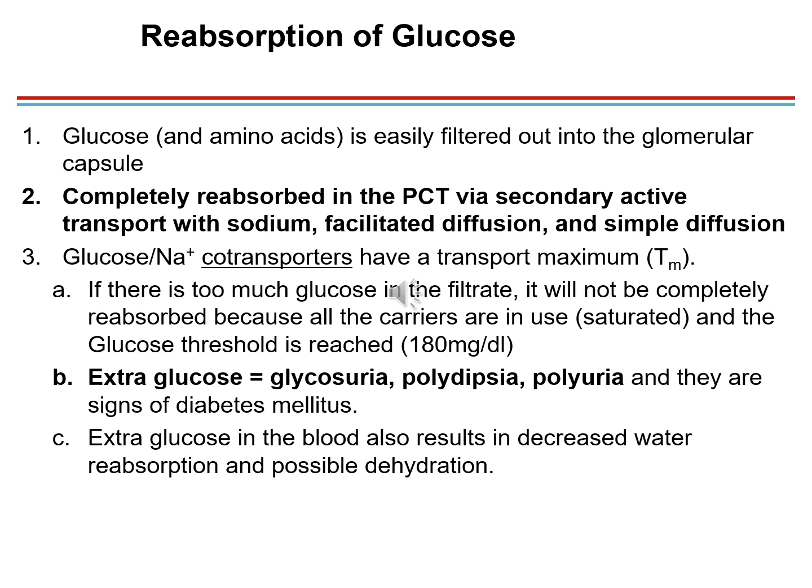But if you have one of these disorders, the concentration of glucose in the blood can reach the threshold of 180 milligrams per deciliter. And any single molecule has a threshold as well. I just mentioned the glucose threshold.